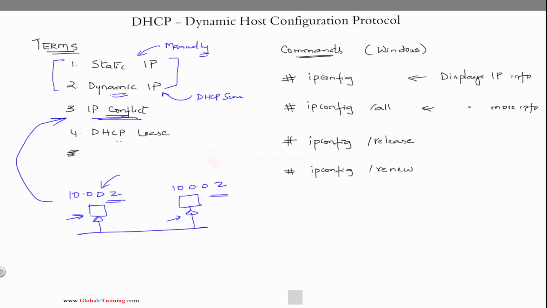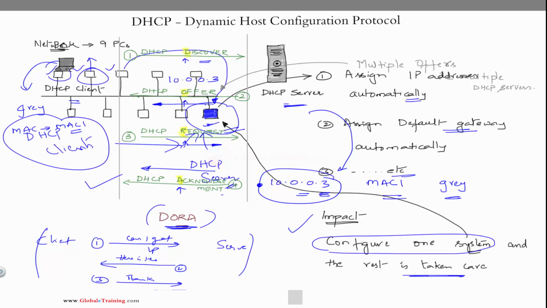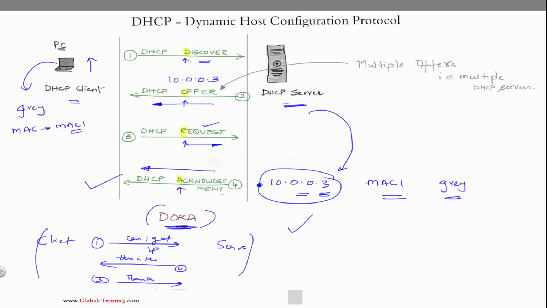The next term is DHCP lease. What DHCP lease is, you know what, let me go back to the prior slide. Okay, here, when DHCP sends an offer out, it tells the machine, hey, you can take this IP and this is good for 5 days.